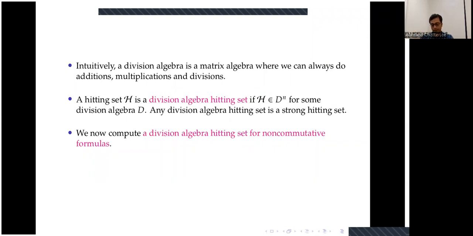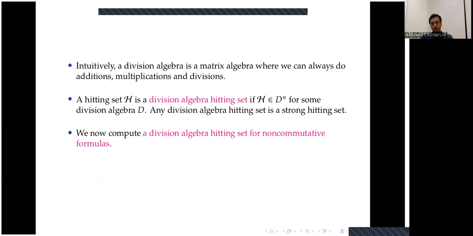So suppose we have a rational formula and we substitute elements from a division algebra hitting set. Whatever we get, we know it is non-zero and we know it is inside the division algebra. Therefore, we know that it must be invertible. So any division algebra hitting set is a strong hitting set.